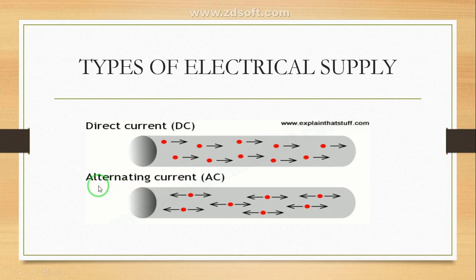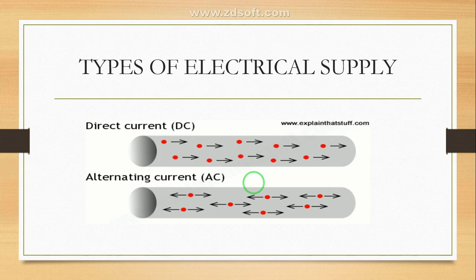Coming to alternating current, the name itself indicates that it has an alternating nature. Here the electrons move forward, and after some time they move in the reverse direction. So in forward and reverse direction, this is called alternating supply.